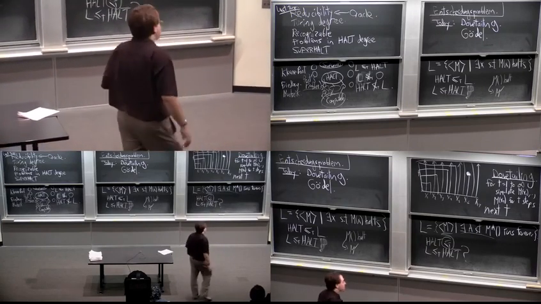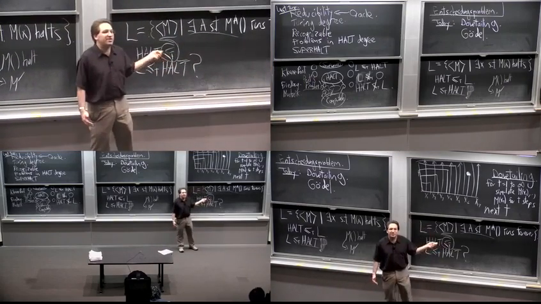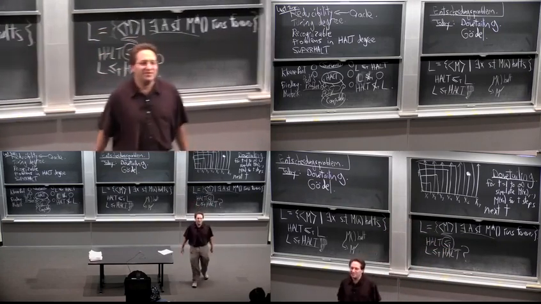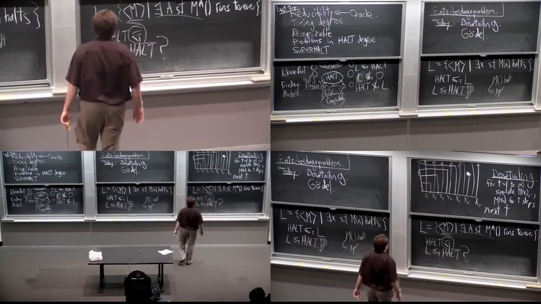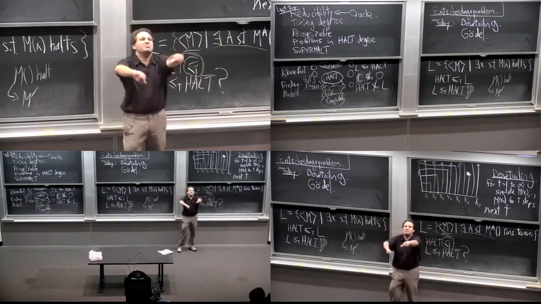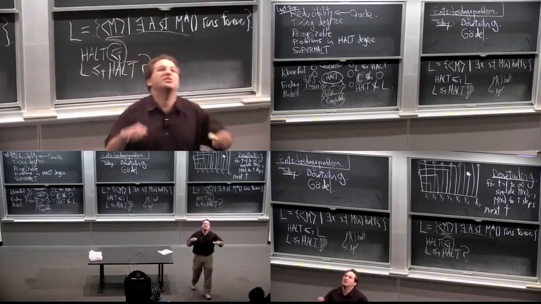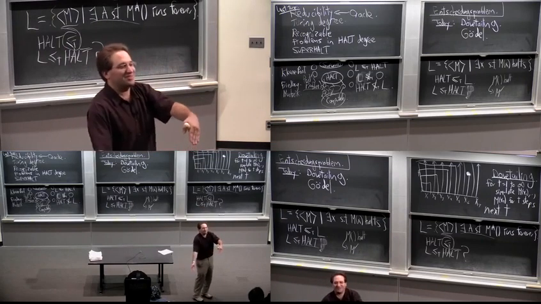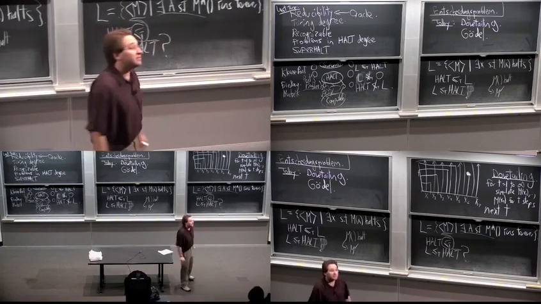If we were talking about many-one reducibility, which Robin also defined on Tuesday, then this would not be true. Halt is not many-one reducible to L, because there's no direct mapping from yes instances to yes instances and from no instances to no instances. But there is a mapping from yes instances to no instances and from no instances to yes instances, and that's enough for it to be Turing reducible.